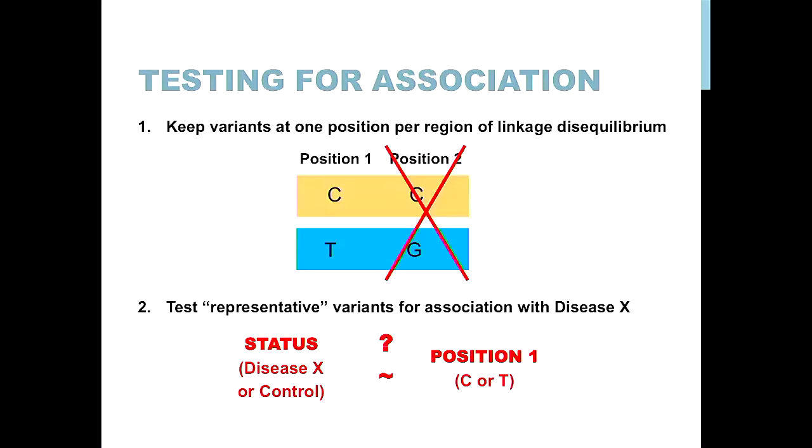You can also take into account the effect of having a C if you had 2 chromosomes. Is this going to be an additive effect? If I have 2 Cs, do I have twice as much disease or trait, or do I have some intermediate? So basically it's modeling recessive or dominant inheritance.